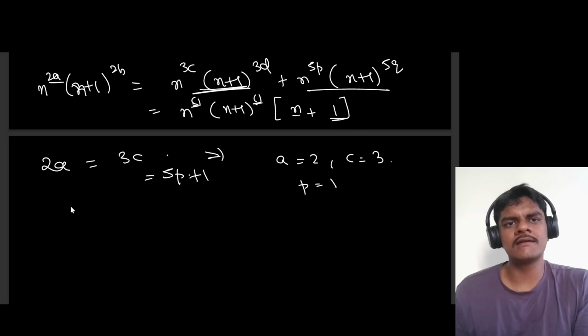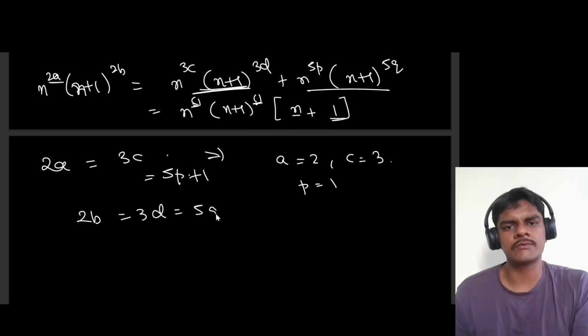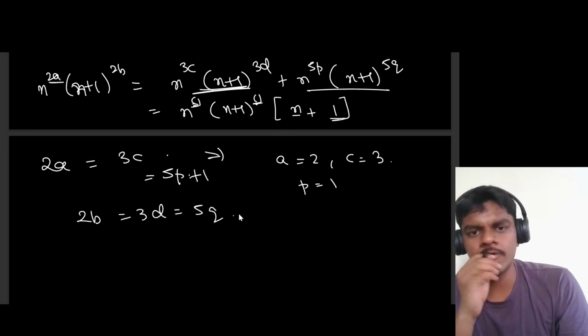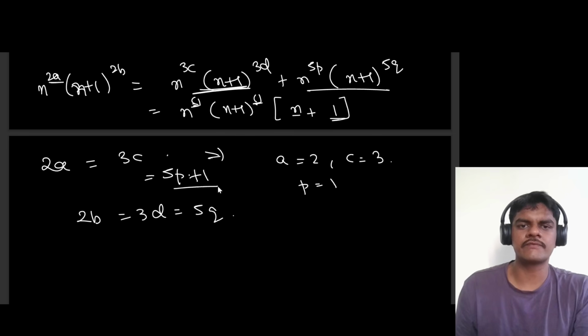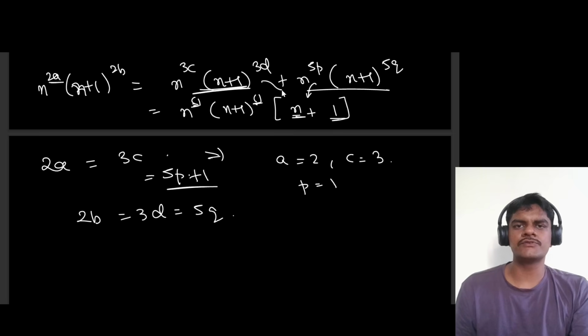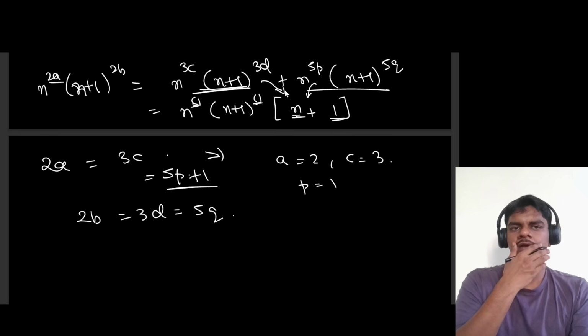Okay. And then I want 2b is equal to 3d is equal to 5q. Is that possible? Oh, no, it's not 5q. If I'm taking n common from this one, then 1 should be common from this one.